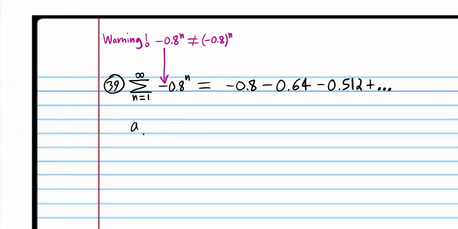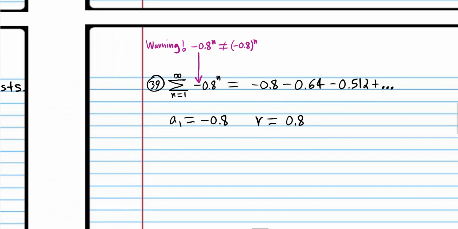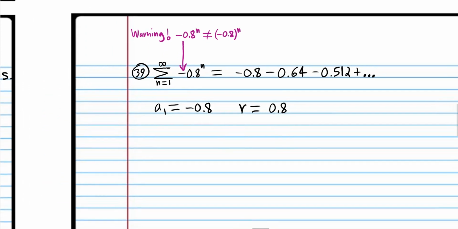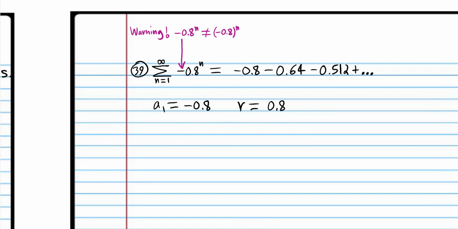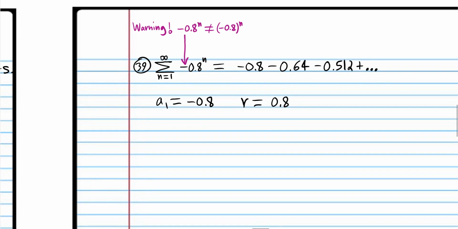So the first term is -0.8, and the common ratio is not -0.8. The common ratio is +0.8. Again, that negative is not raised to the n power. It's just hanging out in front. So r, you can see, is between -1 and 1.